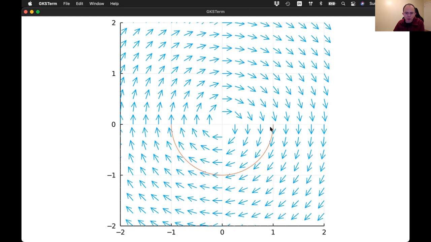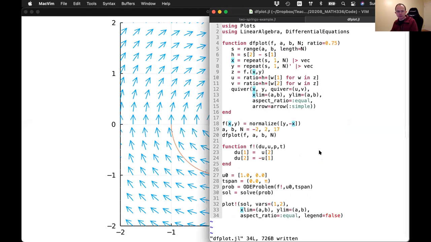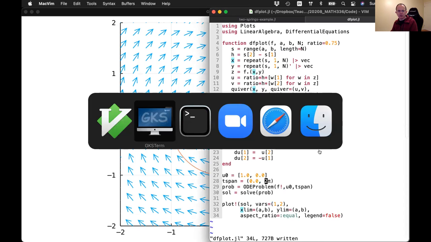You see it's just plotting the lower part of the circle. It goes from this point here, following the direction field, and it's only doing half the circle because we're going from 0 to pi. Okay, so let's go back to the original one.